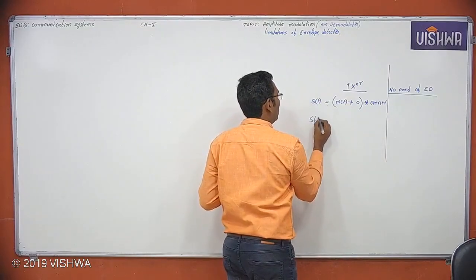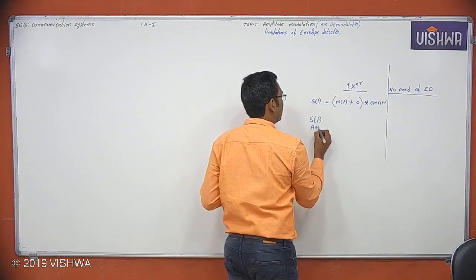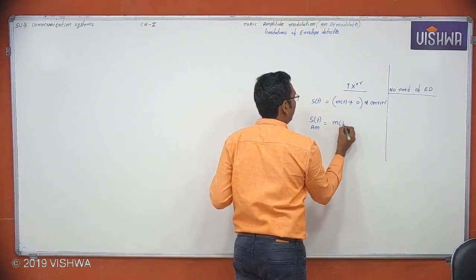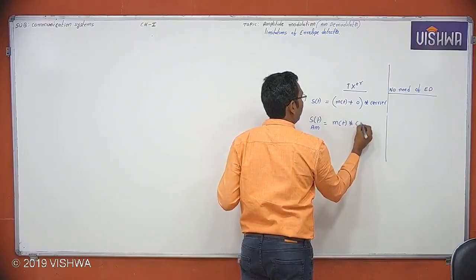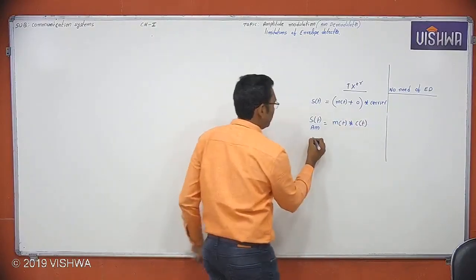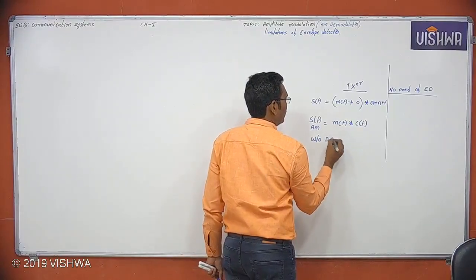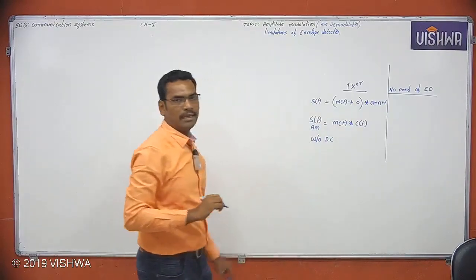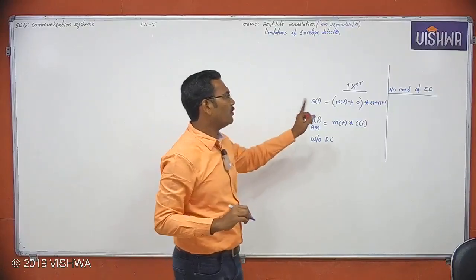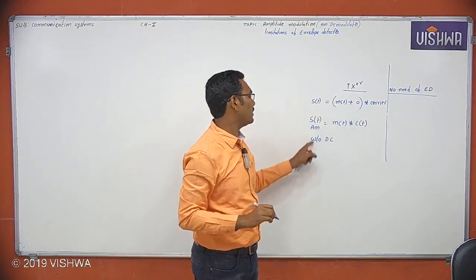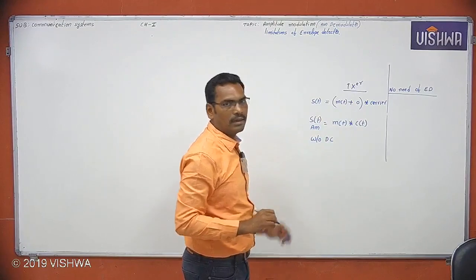So this is an amplitude modulated signal, which is nothing but the message just multiplied with the carrier. This is without DC. Without any DC, this is the AM signal. Understand? If you don't take any DC, the message multiplied with the carrier is the AM signal.